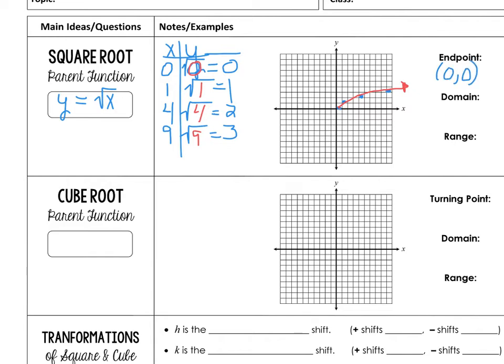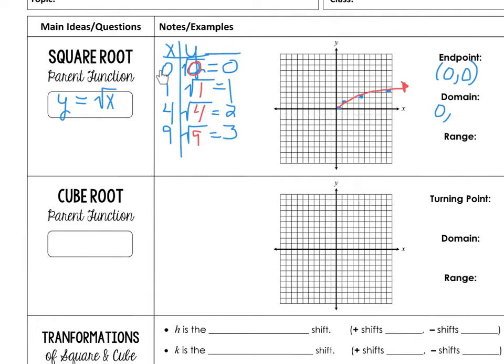And then we're going to look at the domain. So our domain, if we look from left to right, because that's the direction of the x-axis, the smallest x value that we come to is right here. And the x value here is 0. And so our domain starts at 0. And because 0 is part of our answer set, it's a value that we can put in for x.